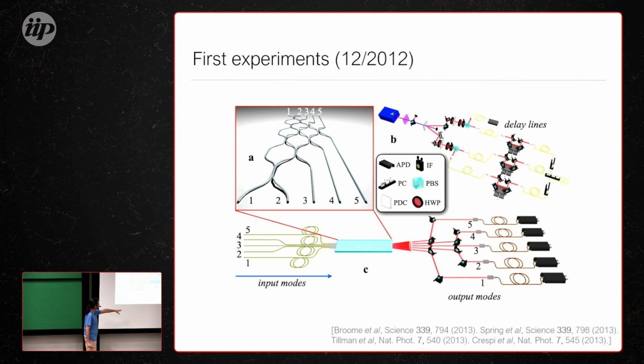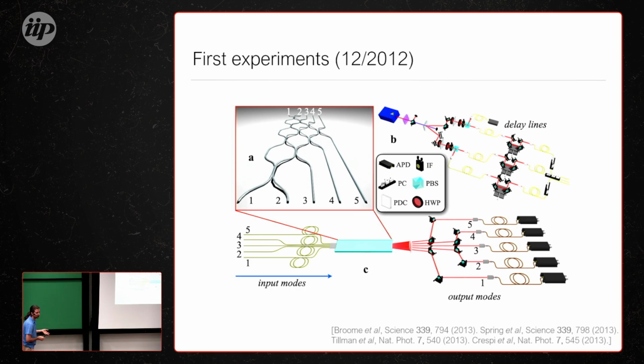I didn't go into the lab because I would set fire to something. But I was involved in the analysis of one of these experiments together with the people in Rome, my PhD advisor and me. Basically all of them are instances of this thing that I described. You have these interferometers, with up to 5 modes, and using up to 3 photons.